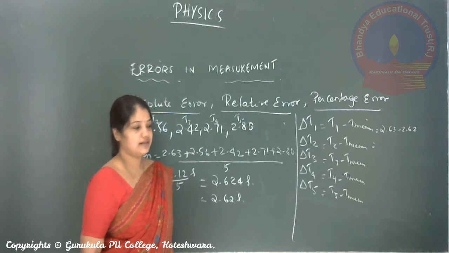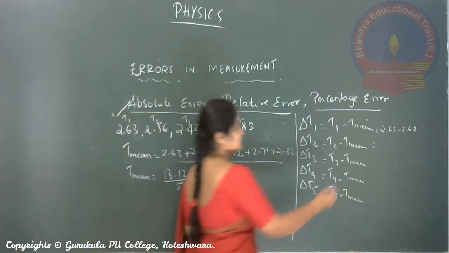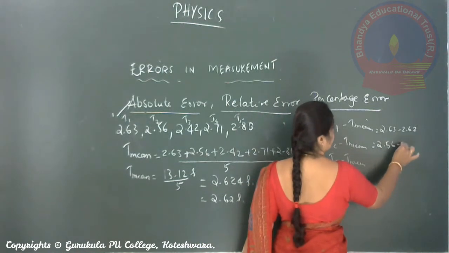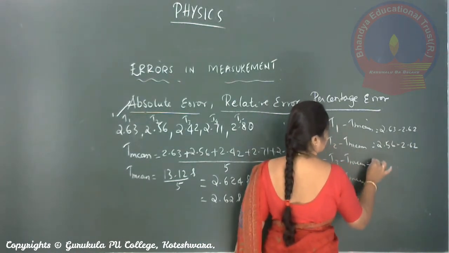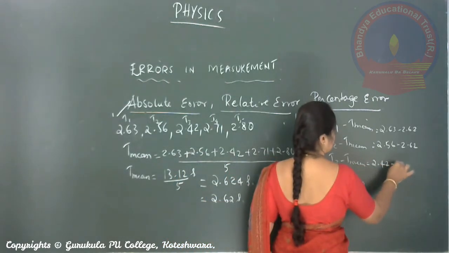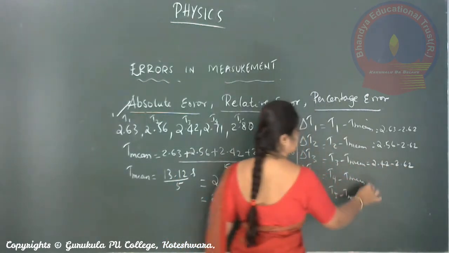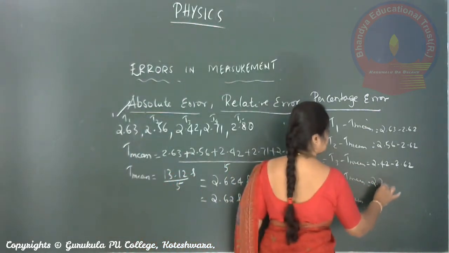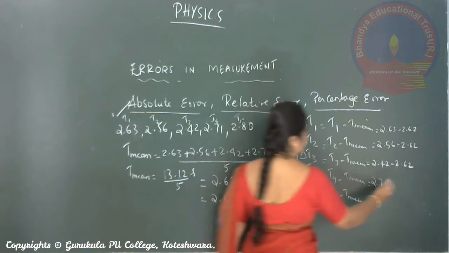Okay. Then similarly I will have 2.56 minus 2.62, 2.42 minus 2.62. Then T4 is how much? 2.71 minus 2.80.